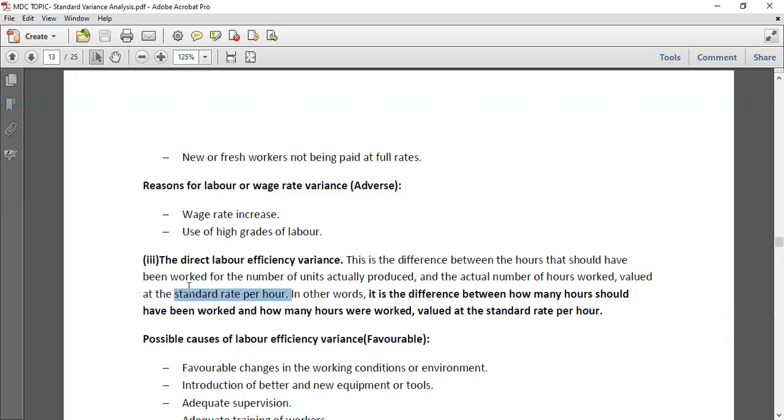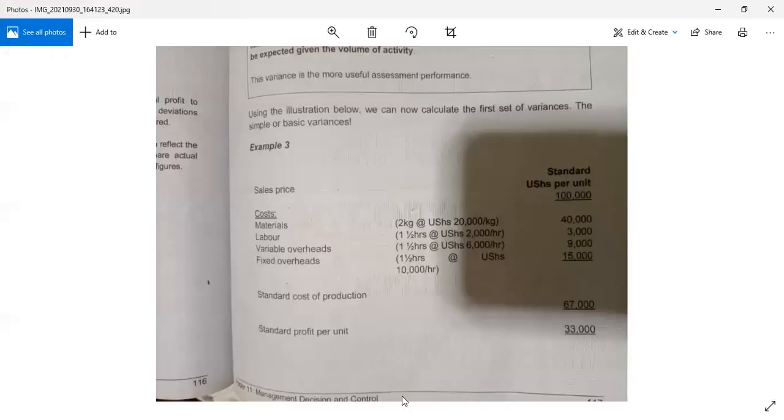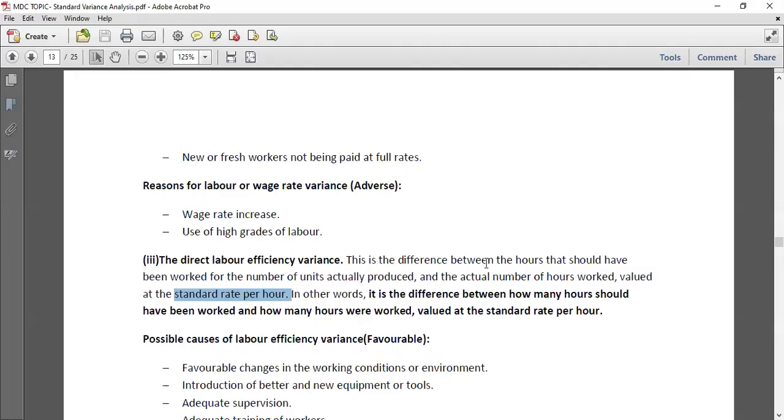For our question, the standard rate per hour we found to be 2,000. Let's just confirm. This is actually 2,000. So they are telling us to get the difference between the hours that labor should have worked for the number of units actually produced and the actual number of hours worked. So now we go back and look at the budget and the actual results.